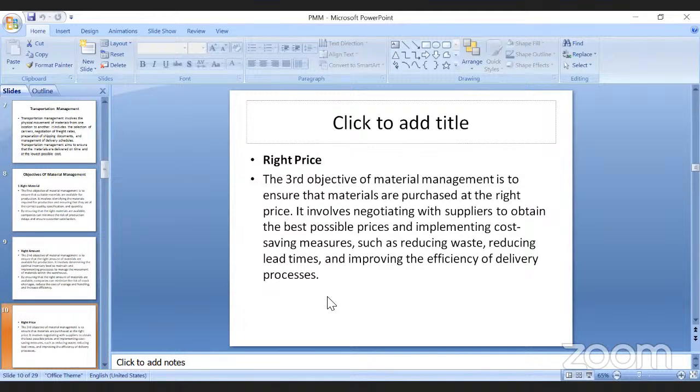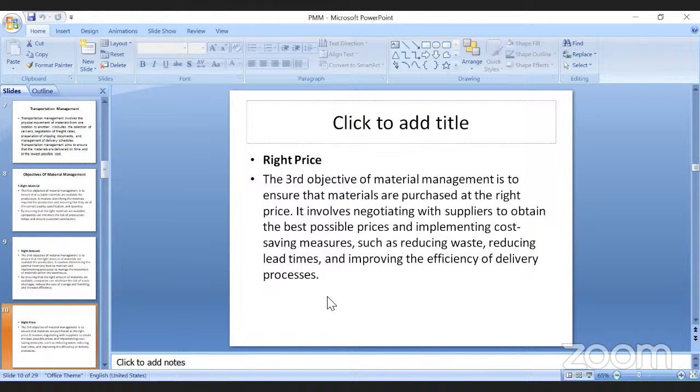Suppose we are negotiating with so many suppliers, and the same kind of materials are available. This situation is not always possible. Sometimes there is a scarcity in the market, then what will we do? Due to unavoidable circumstances, we will choose this.